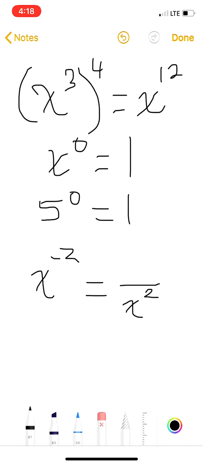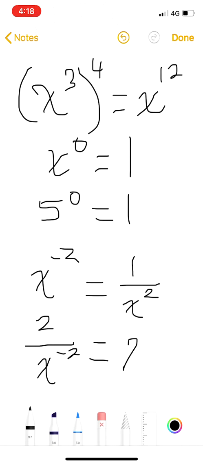It looks kind of weird because we don't have a fraction, so if you don't have a number in the top, it's a 1. Similarly, if the exponent is negative in the bottom, let's put 2 over x to the -2, you bring it up to the top next to 2, and that becomes positive.